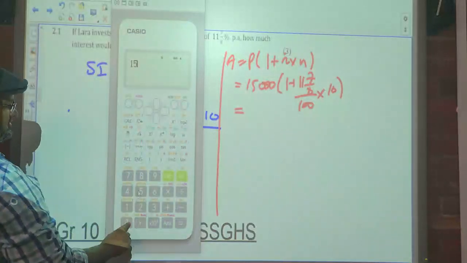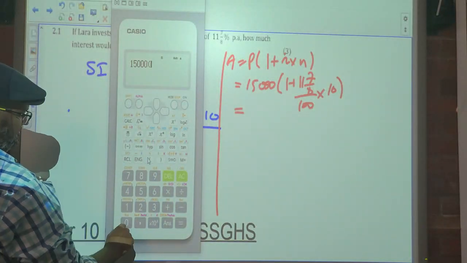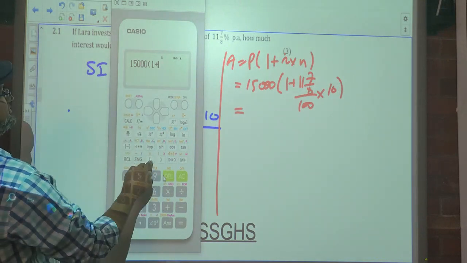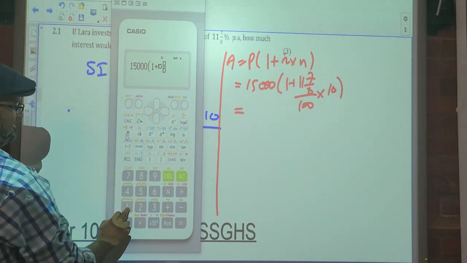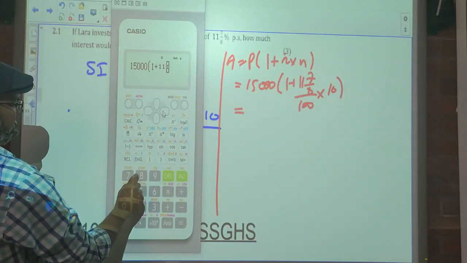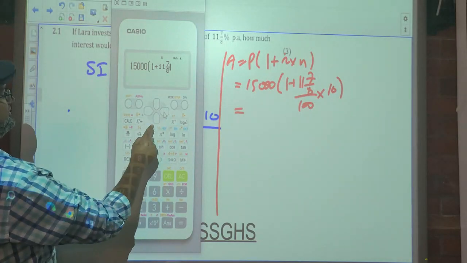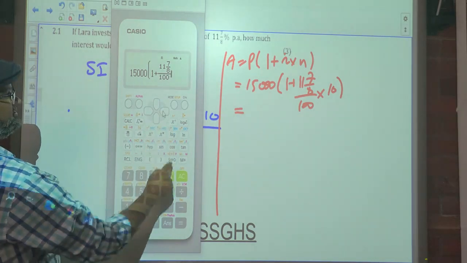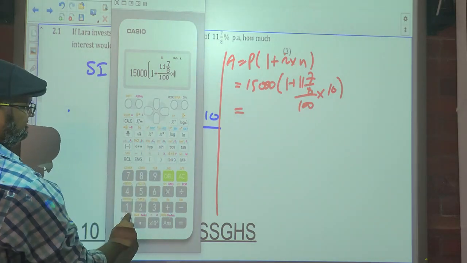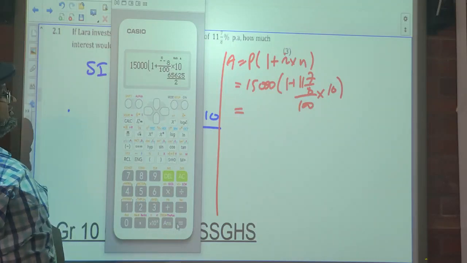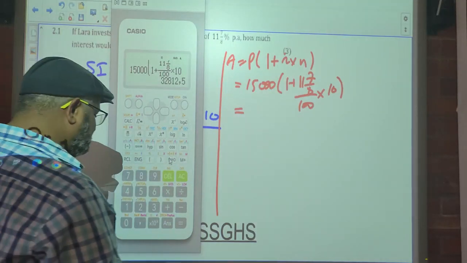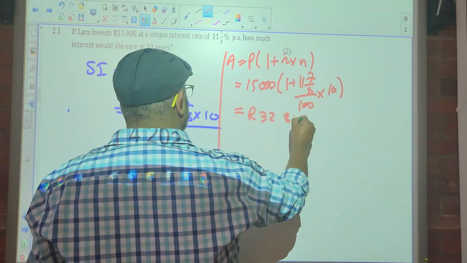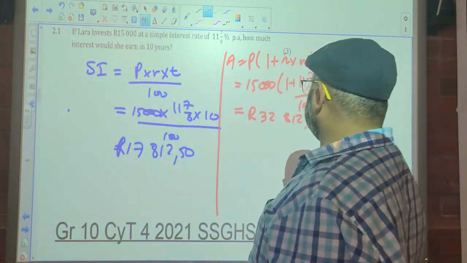So it's 15,000 into 1 plus the mixed fraction, shift this button, 11 and 7 over 8, and this is all over 100, multiplied by 10, gives me 32,812 rand and 50 cents.